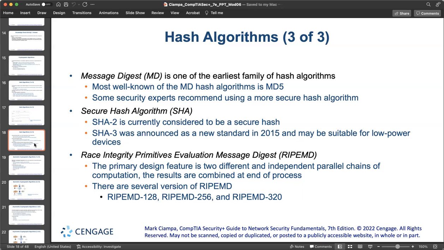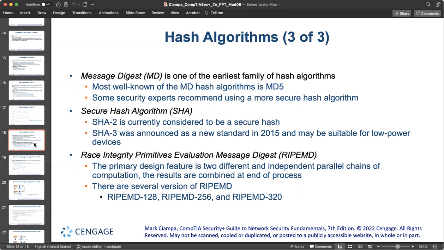Of course, MD6 has some security issues as well, but compared to all the other message digest algorithms, it is the most reliable one. SHA, or secure hash algorithm, is another family of hashes which is basically more secure than message digest. SHA-1 was developed in 1993, but is no longer considered suitable for use.